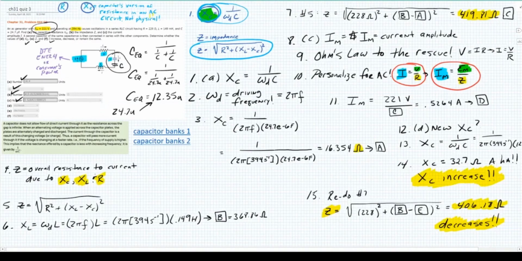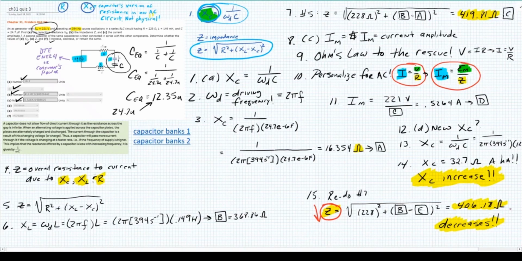And you know what? We don't even have to do calculations for part F. You could argue we didn't need to do calculations for any of this, but if my overall circuit impedance has decreased, what is Z? Z is impedance.